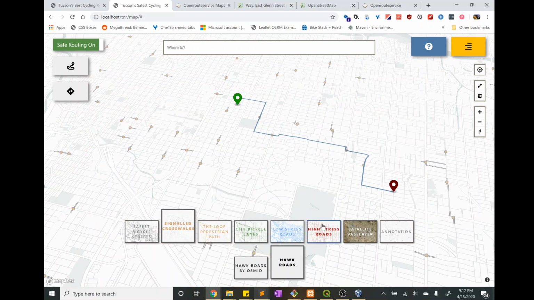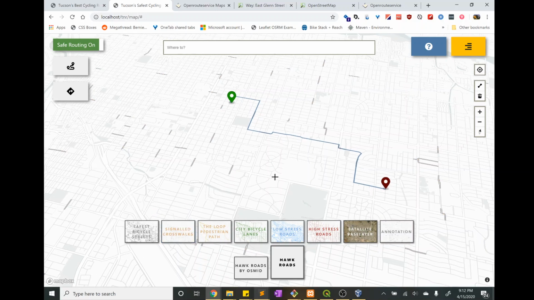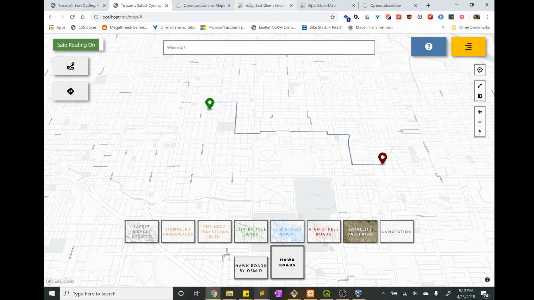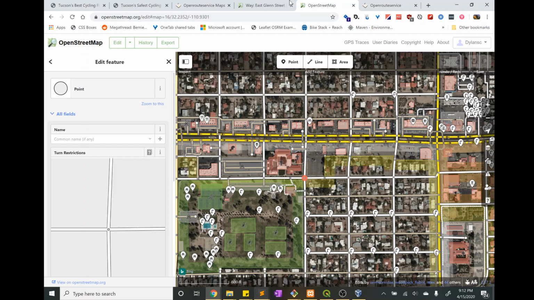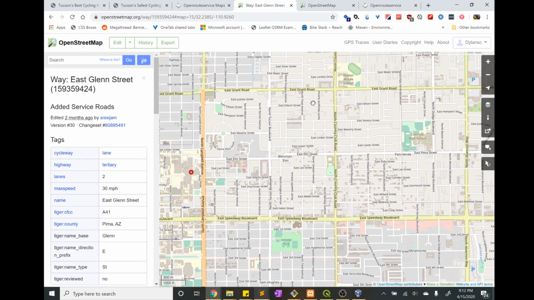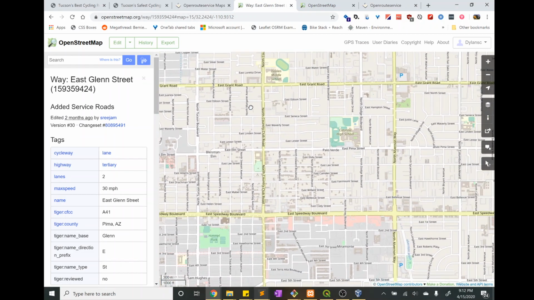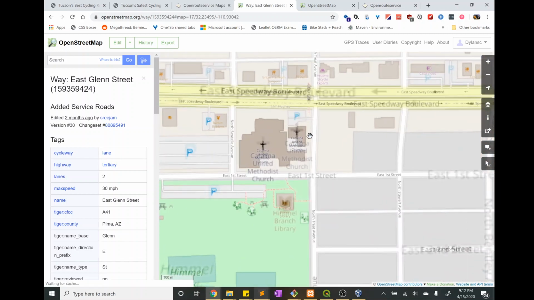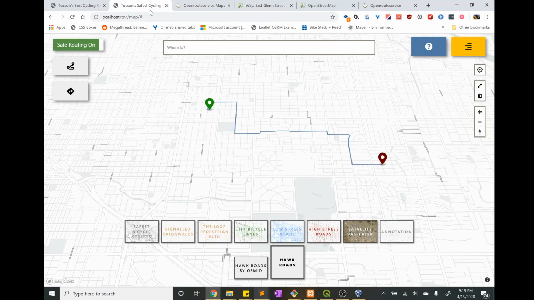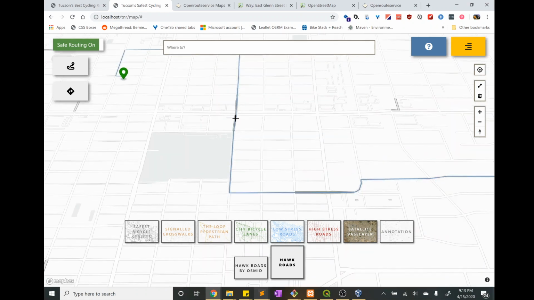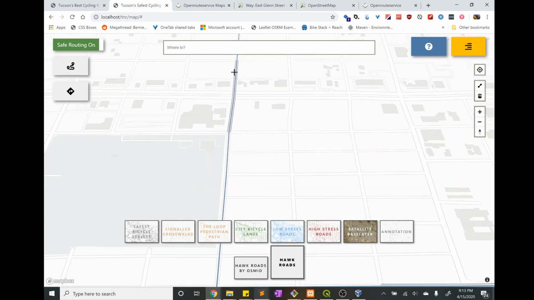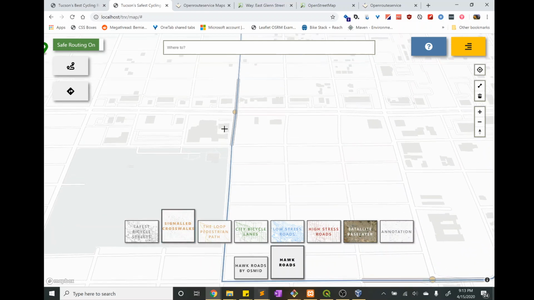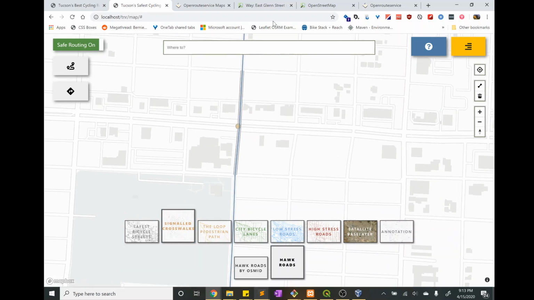The problem is, as I dug deeper and investigated more in OpenStreetMap, I soon realized that, for instance, if we were to look at this road over here, which corresponds to this segment right here that I have weighted, right through here.